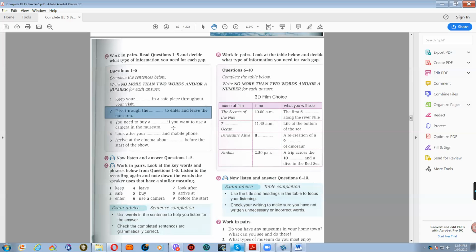Look after your what and mobile phone? Purse, handbag, wallet, that sort of thing. Wallet with money. Yeah. Arrive at the cinema about what before the start of the show? What are we looking for? About early. A number. 5 minutes, 10 minutes, 15 minutes. Yes? Okay.